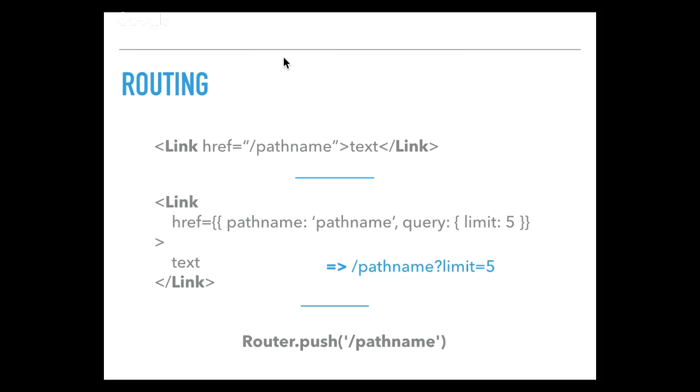And after you give it this object, it gets the pathname and the query from here, and it generates the normal link. So it's much more readable, I think.